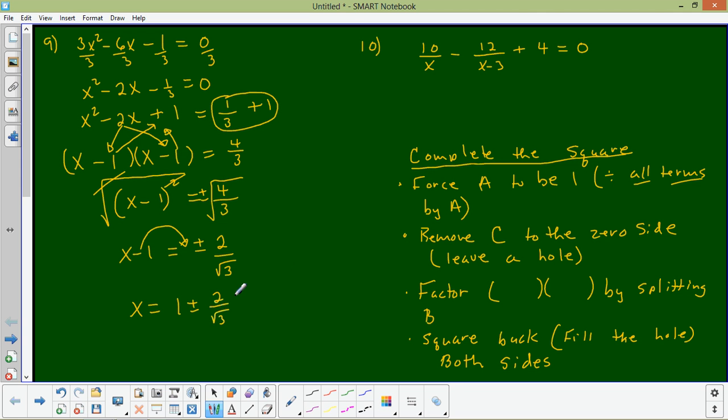Might be better to multiply top and bottom of that ratio by square root of 3. And so another way to look at these two answers, 1 minus 2 rad 3 over 3, and the other answer, 1 plus 2 rad 3 over 3.